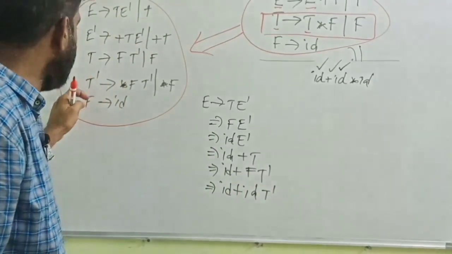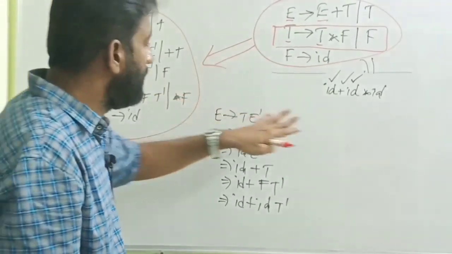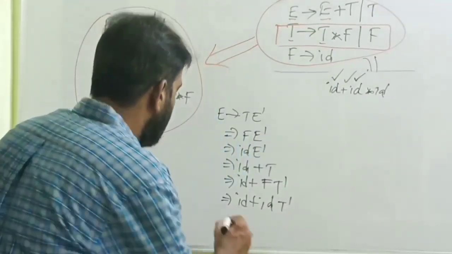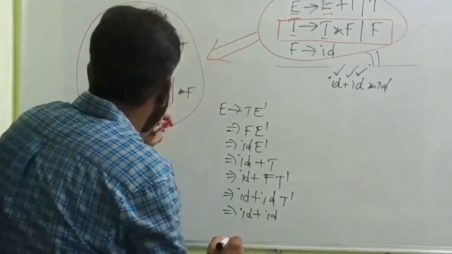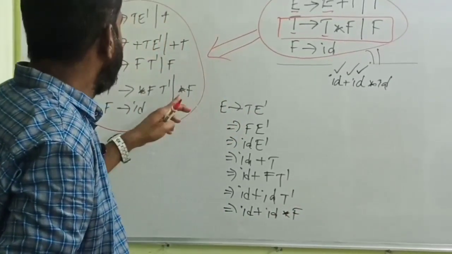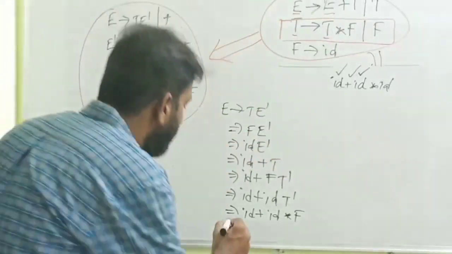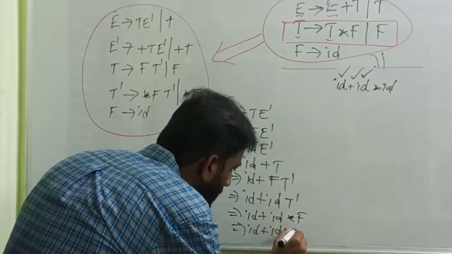Then T dash can be replaced in two ways, star F T dash or star F. But we are expecting star id only, so it should be replaced with star F only. Then F can be replaced with id. Now it is id plus id star id.